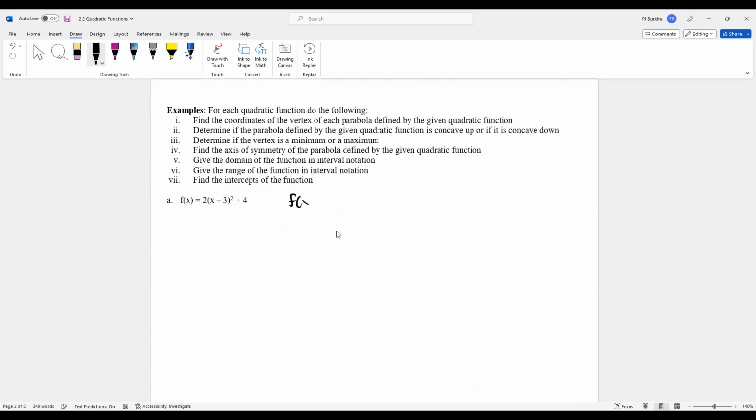In standard form, this is a times x minus h squared plus k. And the vertex, recall, is the point (h, k). We also notice that in this case, a equals 2. And we can go ahead and pull off h is 3, k is 4.